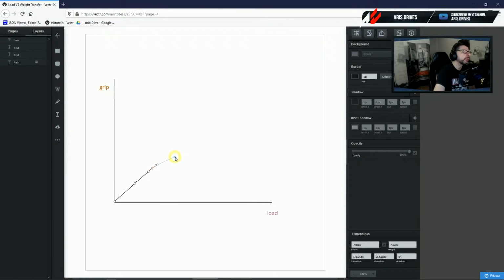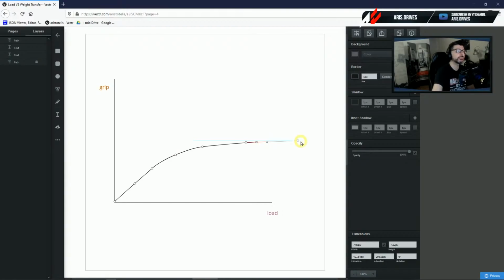The more the load goes up, the more grip you have, but it doesn't stay linear. By adding more and more load on the tires, the tires start to generate less and less grip.